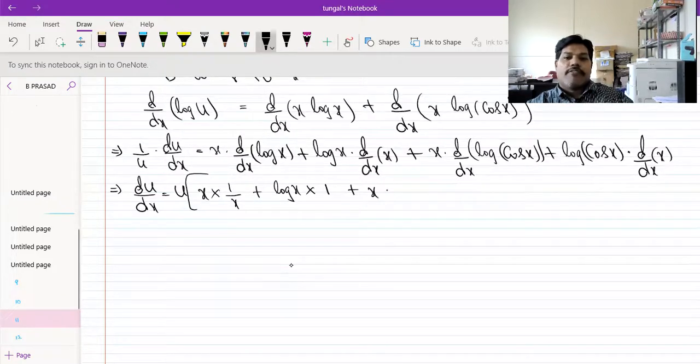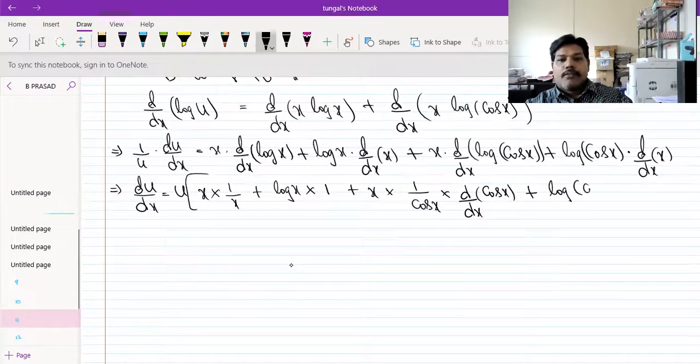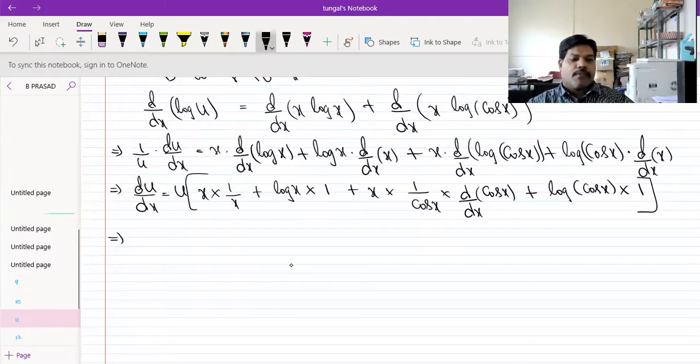The derivative of log f of x, already you know, is 1 by f of x into f dash of x. So 1 by cos x into the derivative of cos x, plus log of cos x into the derivative of x is 1.